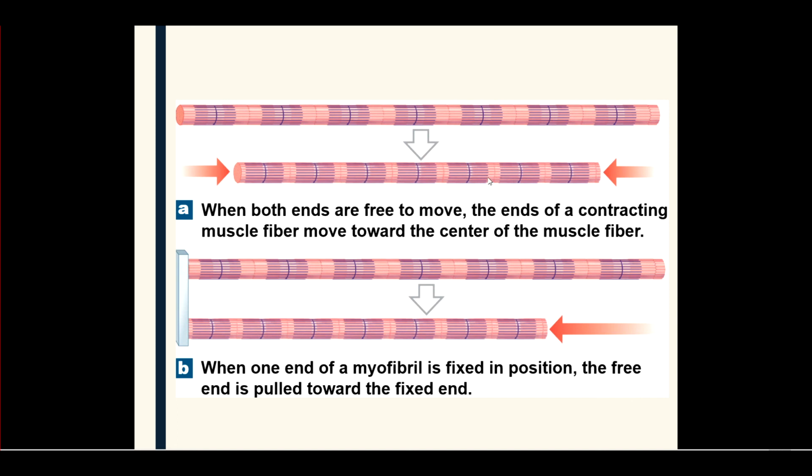In this case it's the myofibril, but when you have all the myofibrils contracting together, the whole muscle fiber is going to shorten. So this is what we call the sliding filament theory. There are a couple of nice videos to accompany this so that you can watch it and see it more visually. And that's it. That's how our muscle fibers contract.